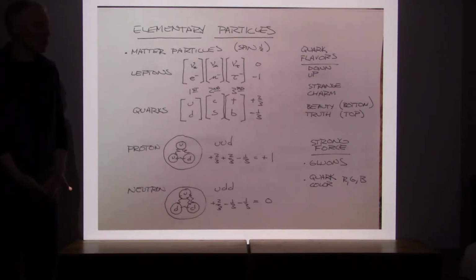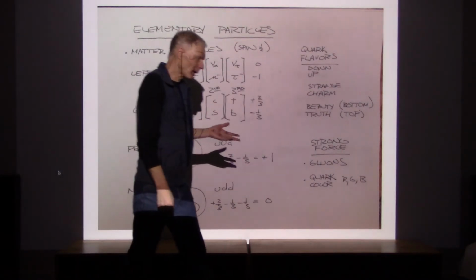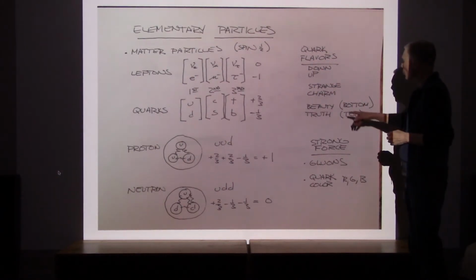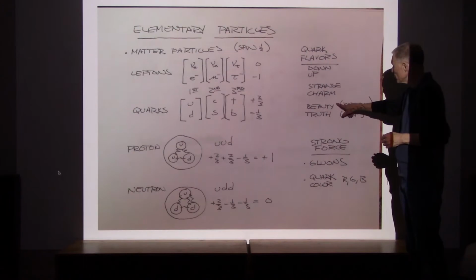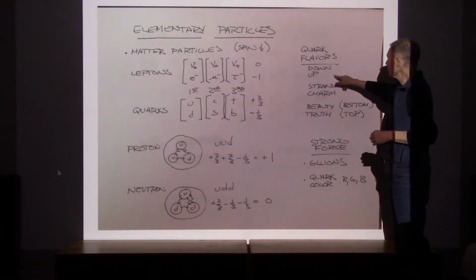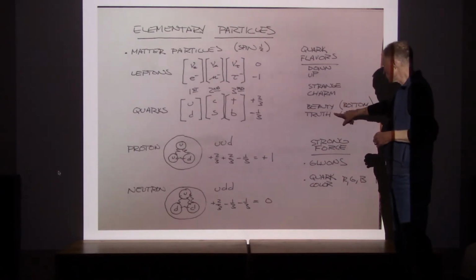And that's how the naming went. Now, for the third generation, theorists came up with the names for these quark flavors, beauty and truth. And so you've got these 6 flavors: down and up, strange and charm, beauty and truth.